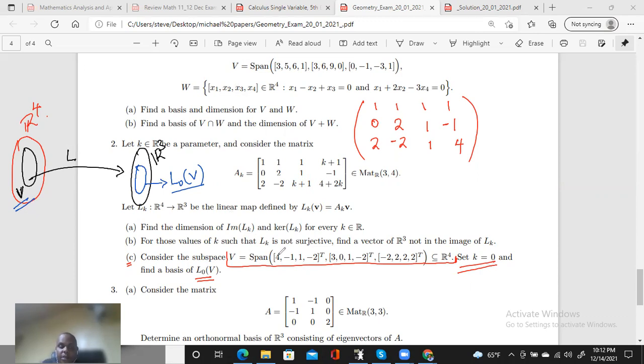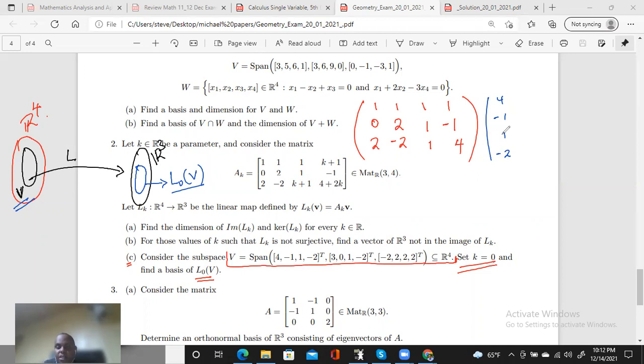So to do that, we just map the basis. So you just take the 4, -1, -1, 1, -2, 1, -2, and then you find its image. Yes, you could take the whole basis as a matrix also. That's another way.